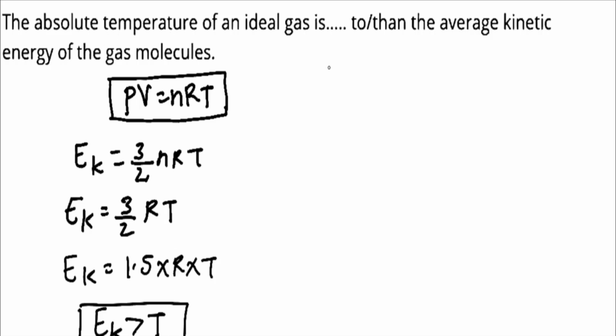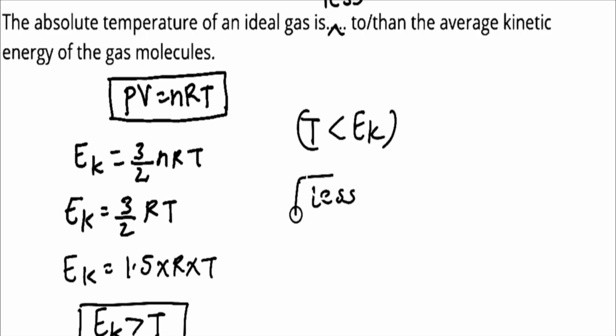Now in our statement, the value which should be assigned here, that is absolute temperature. So absolute temperature is always less than the kinetic energy. So that's why here the statement comes as less. That is, the answer is less. The temperature, that is absolute temperature, is always less than the average kinetic energy of a gas molecule. So I hope you get the answer.